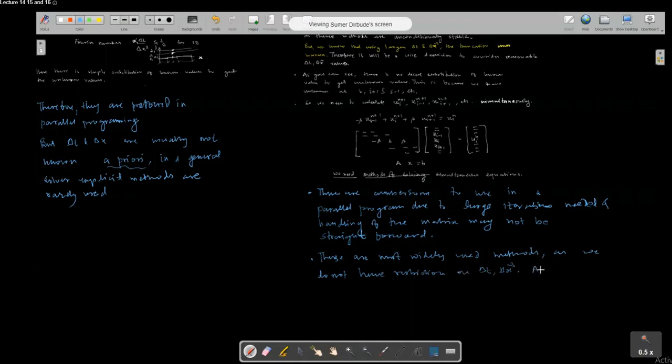Also, these methods are good for non-linear problems, good for solving non-linearity.